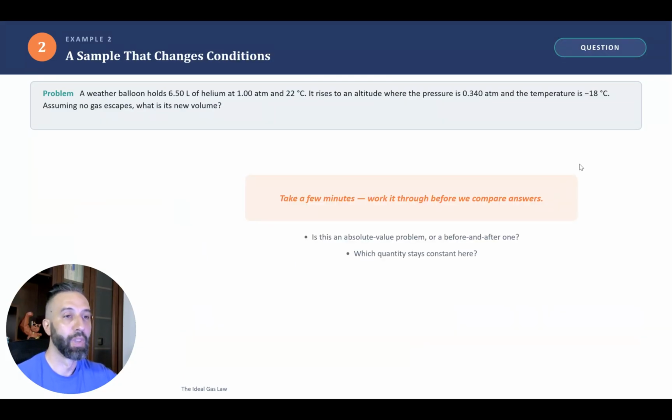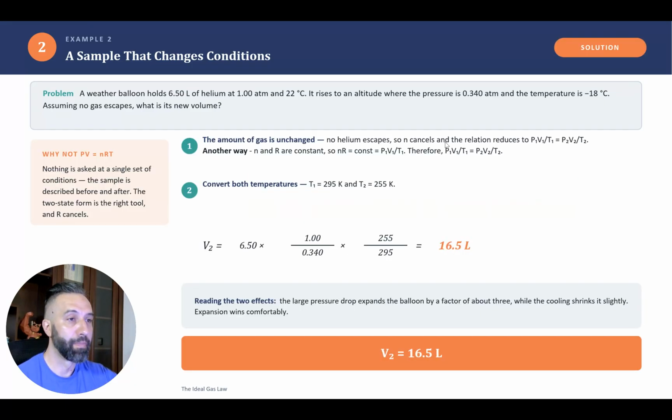Pretty easy and comfortable. A weather balloon holds this many liters of helium at 1 atm and 22 degrees. It rises to an altitude where pressure is this. So now we got lower pressure and different temperature. No gas escapes, which means the number of moles is constant. What is the new volume? So this is where you actually use what I taught you about flipping the equation. So basically, I got one volume and one pressure and one temperature, and then another volume, another temperature, and what is the pressure.